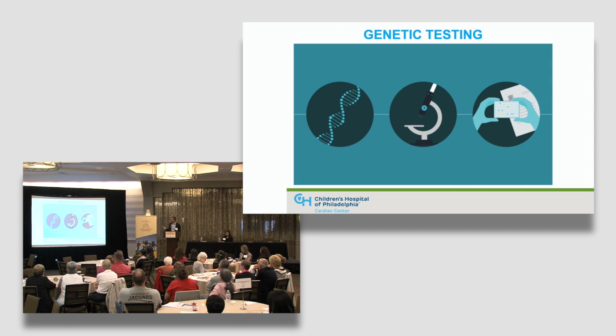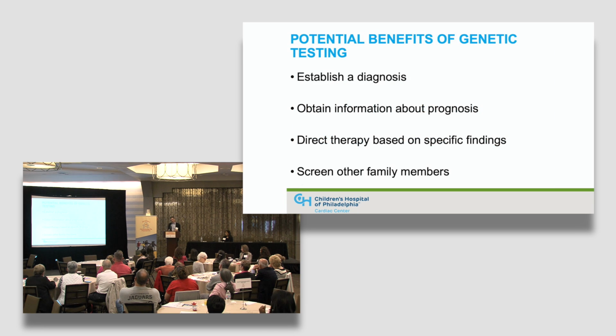So one of the ways that we can begin to do that is with genetic testing. And many of these diseases have an underlying genetic cause. And so actually understanding what is causing the abnormality is very important to us. It can give us information about prognosis for some genes and can tell us what things patients may be at risk for.